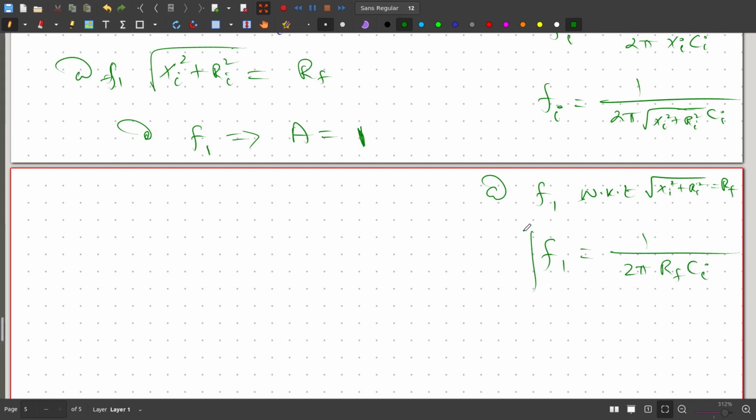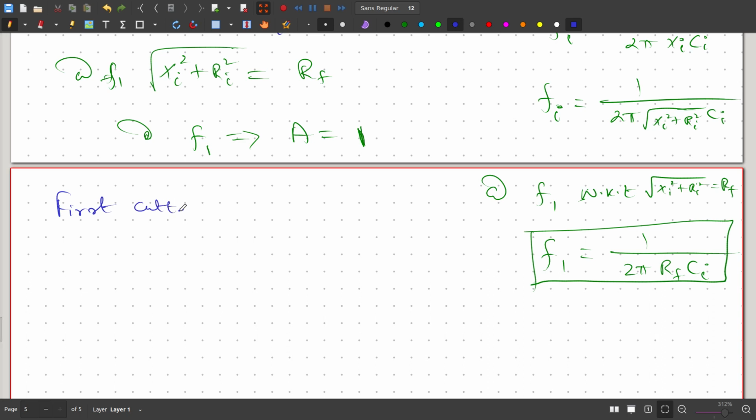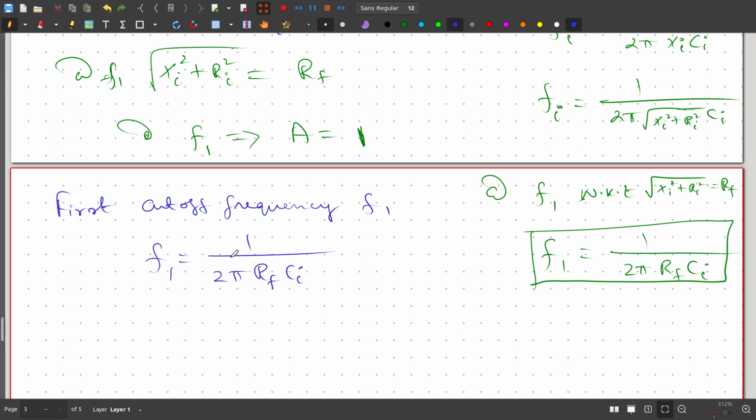So this is one of the important relations. The first cutoff frequency F1 equals 1 by 2 pi Rf Ci, feedback resistance and input capacitance.